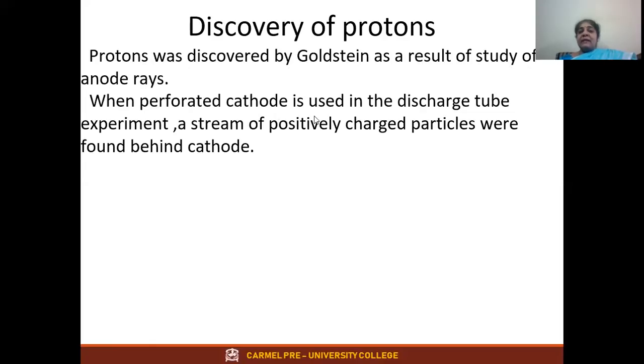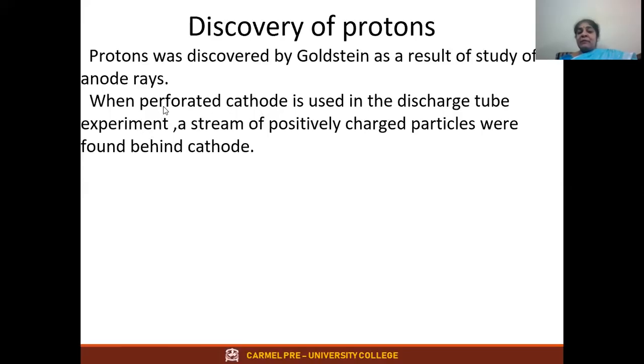When a perforated cathode is used in the discharge tube experiment, a stream of positively charged particles was found behind the cathode. So what we have done here, the same discharge tube experiment you did for discovery of electron is conducted, but instead of a normal cathode, a perforated cathode is used.